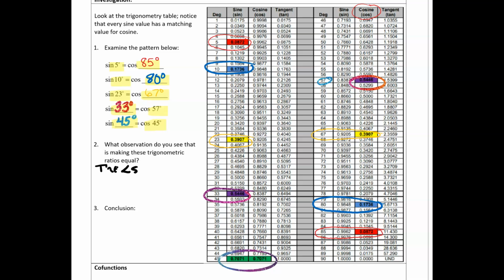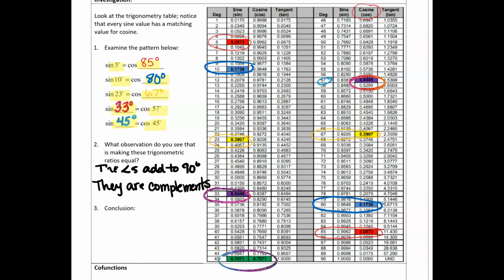So the angles add to 90 degrees. We have a word for this in geometry. That means they are complements of each other. So they are complementary. They add up to give you 90 degrees.